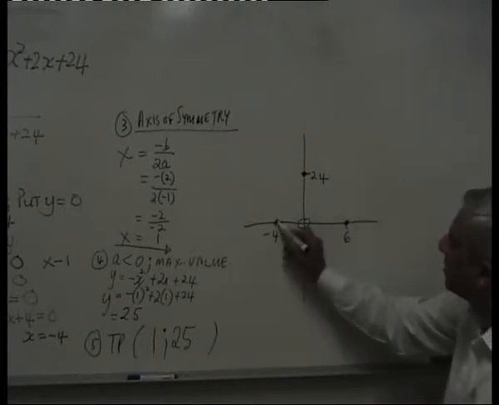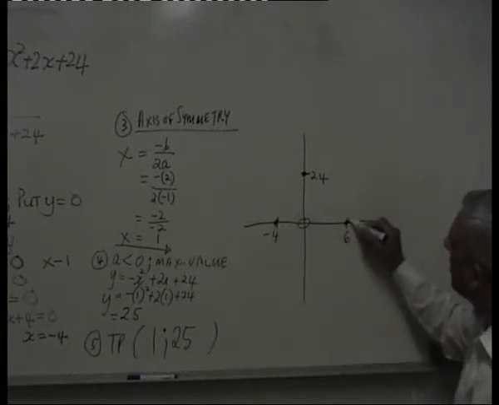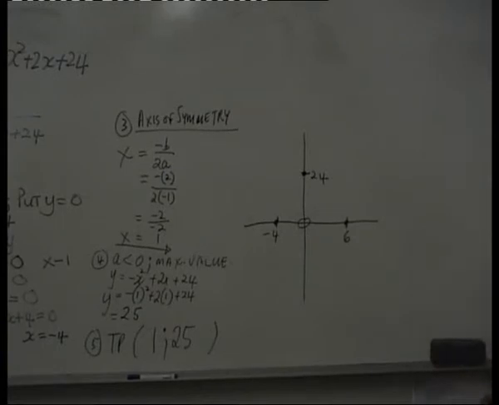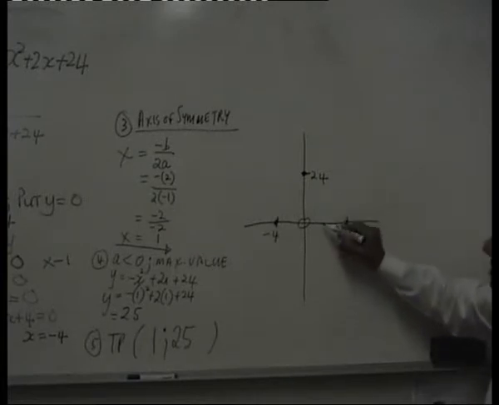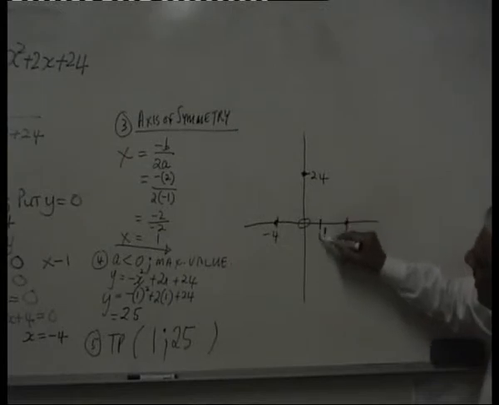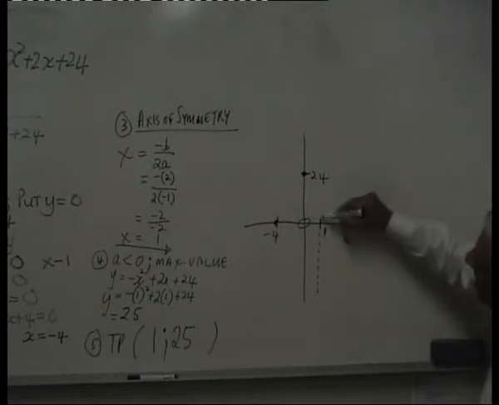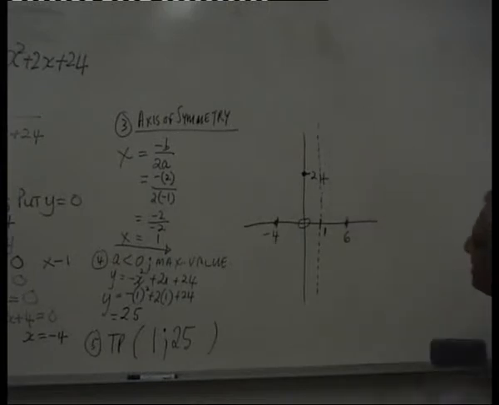Dot on 6, dot on minus 4. Then your axis of symmetry is 1. So 1 is somewhere here. You've got a broken line going through 1, which is your axis of symmetry.